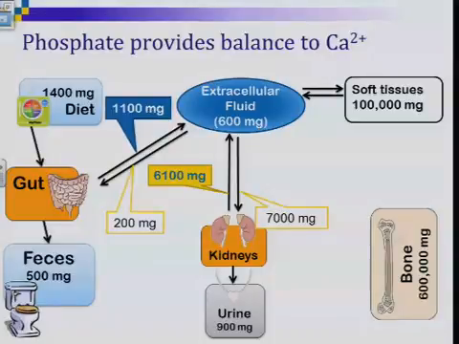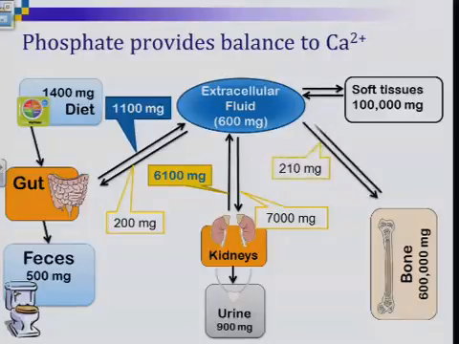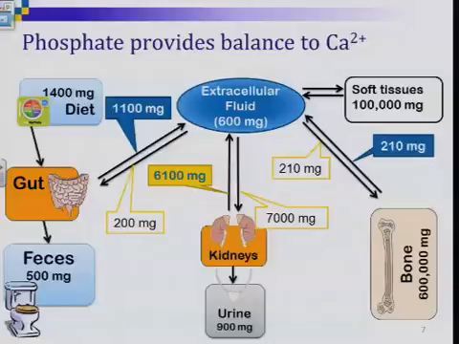And all we need is some good way to recover it. But I suspect most of you will live long enough to see a day when at least some of your urine is recycled for fertilizer. That's a happy thought. All right. And again, bone is balanced. All right. 210 milligrams for formation, 210 milligrams for resorption.